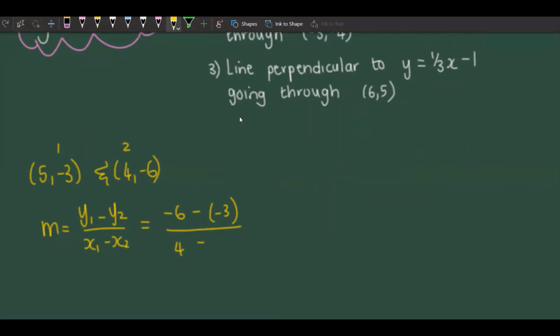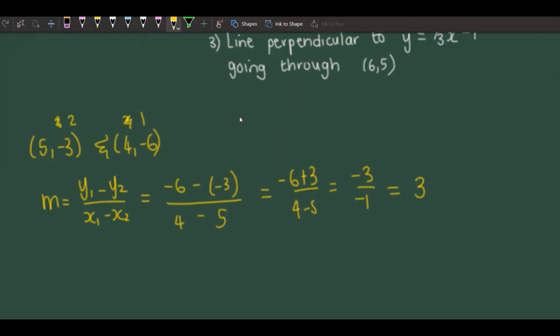Let's relabel this one 2 and this one 1 if you're getting confused. So this is -6 minus 3 over 4 minus 5, so it's -6 plus 3 over 4 minus 5. -6 plus 3 is -3, 4 minus 5 is -1. So in total this gives us a gradient of 3.